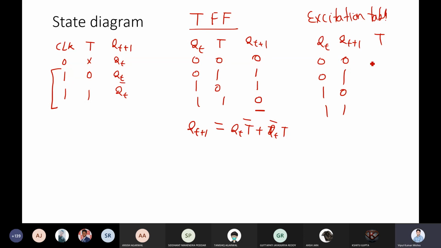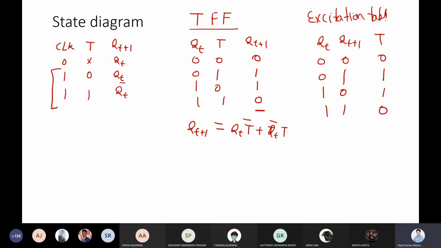So what will be the T value? 0 0 gives 0, 0 1 gives 1, 1 0 gives 1, and 1 1 gives 0. So you got your excitation table. Any doubt till this point, anyone? No, sir. Cool.